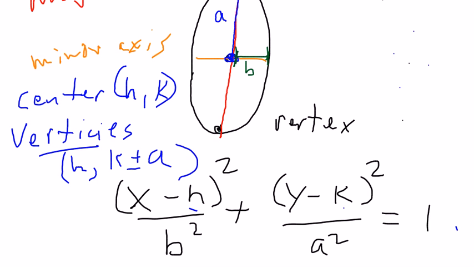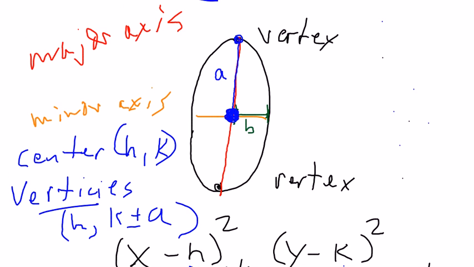So let's look at why that's how it is. If this point right here is h, k, to get to this point, I'm going to go up from my y value, my k value, a. And then to get down to here, I'm going to go minus a. Alright? So that's how to get the vertices.